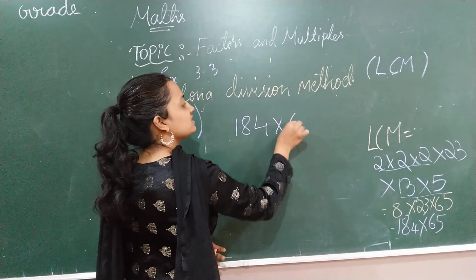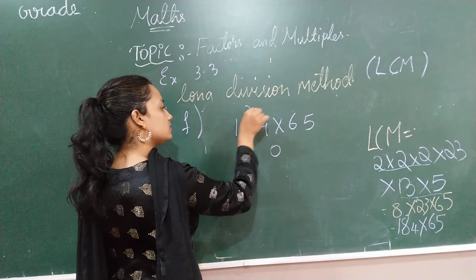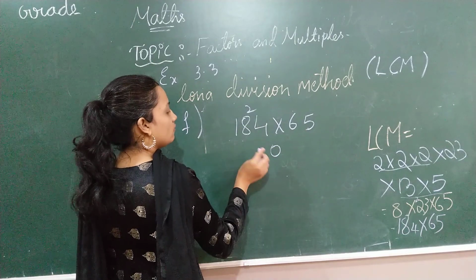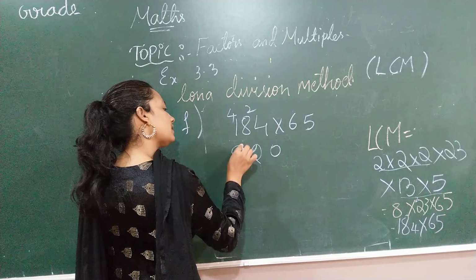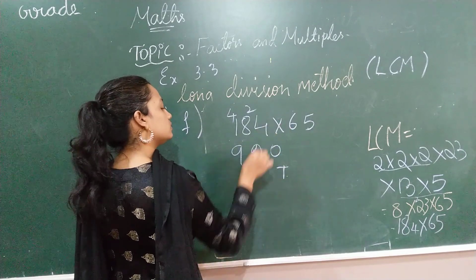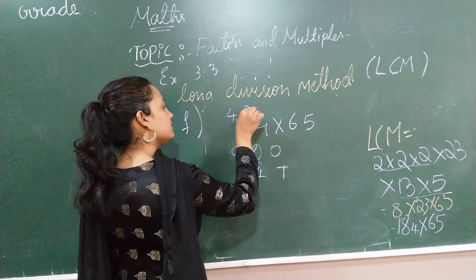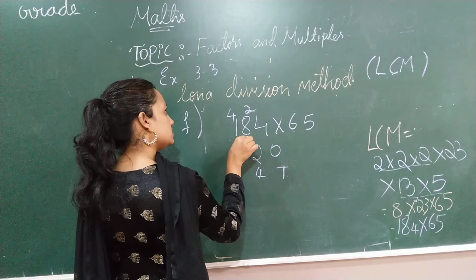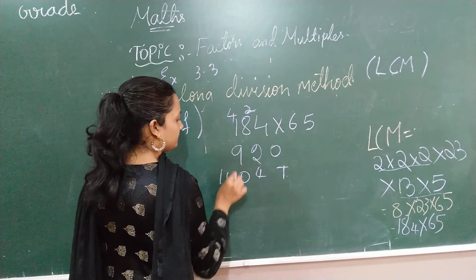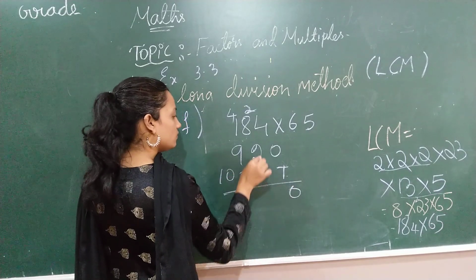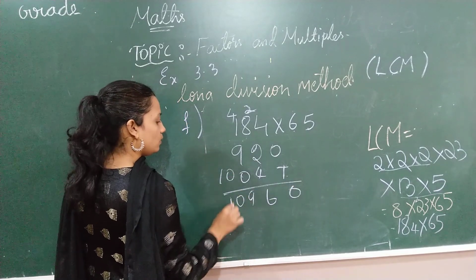184 into 65. 20, 42, 9, 6 4s are 24, to carry, 6 8s are 48, 50, to carry, 6 1s are 6, 0, 6, 9, 0, 1.